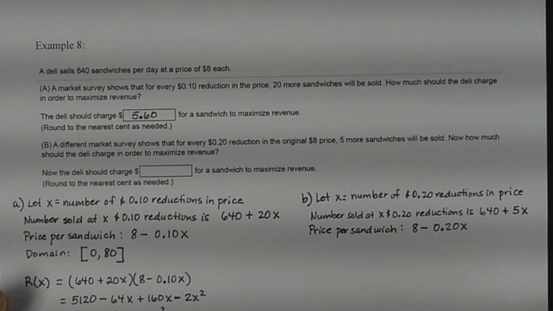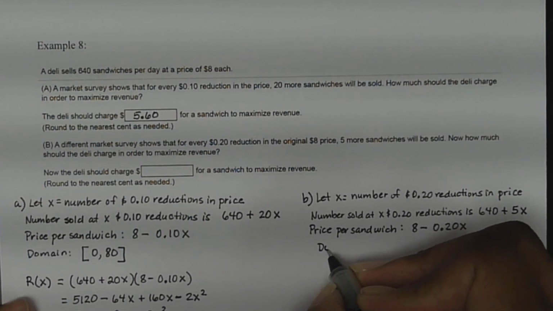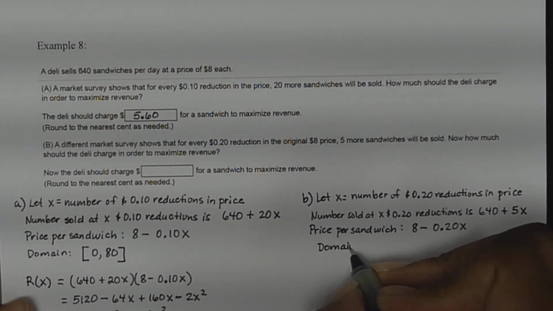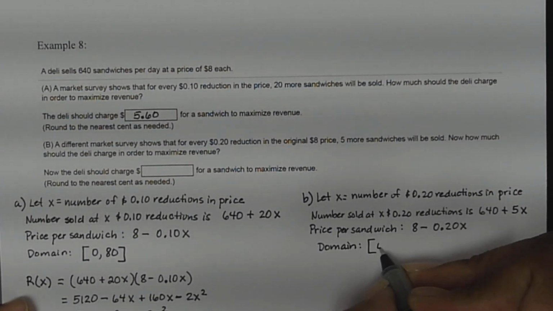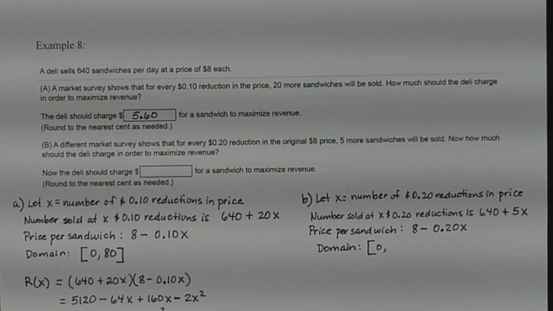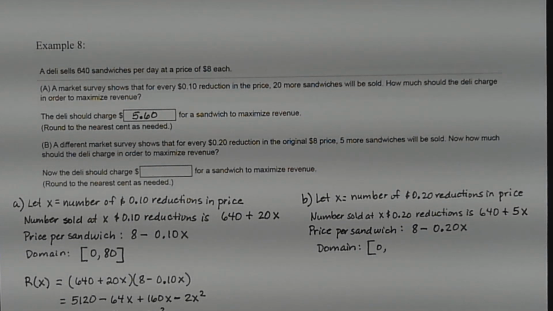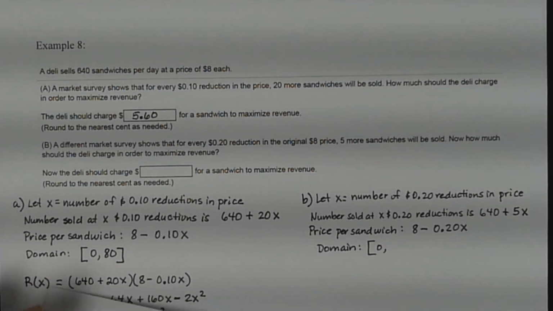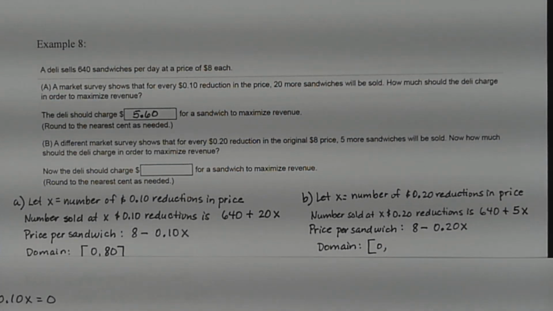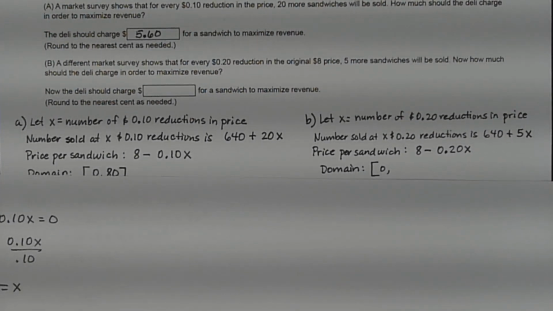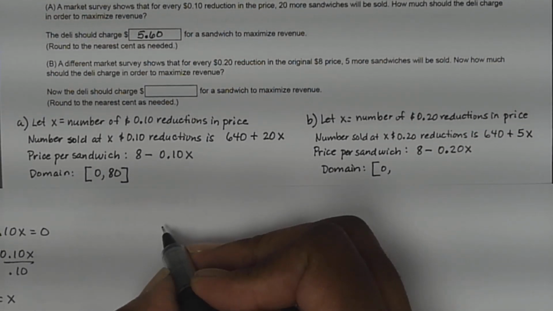Now let's find the domain for this one here. It will have to be 0 because in this case, we can't sell a negative number of sandwiches. But for this price, let's find out what the maximum X value would be.